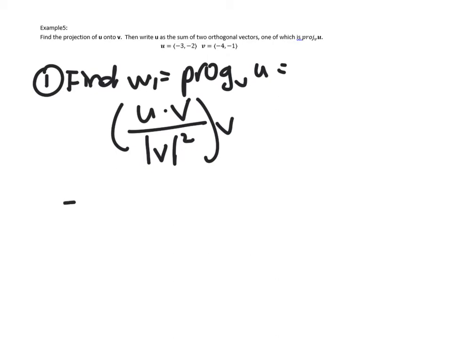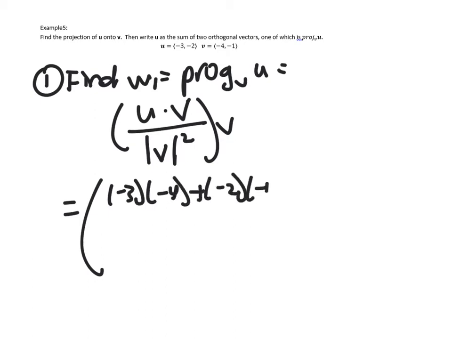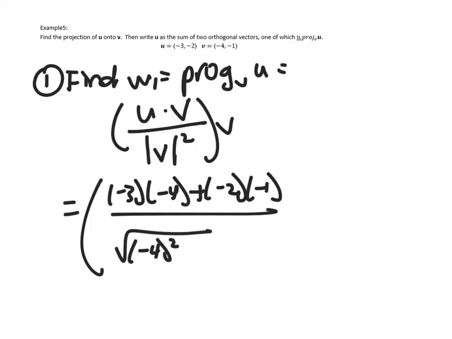So that ends up being your -3 times your -4 plus your -2 times your -1, over the square root of -4 squared plus -1 squared, squared, and all of that times vector v.